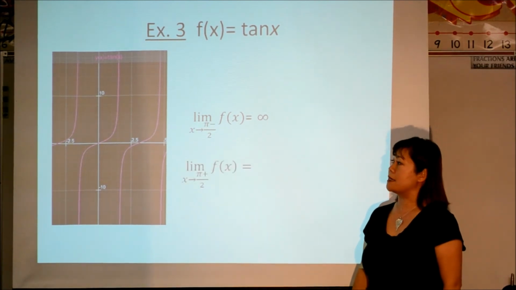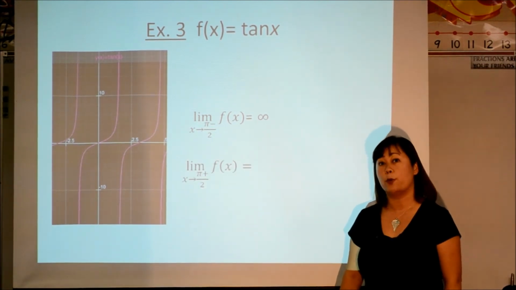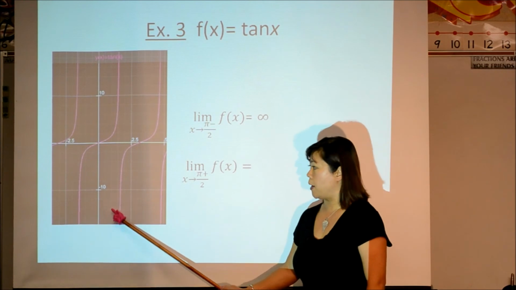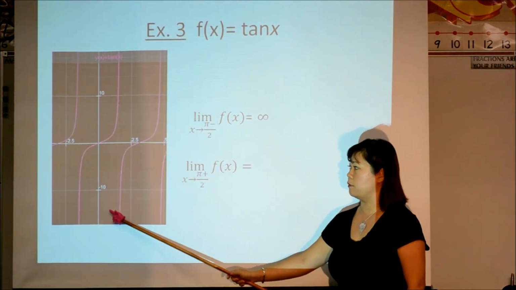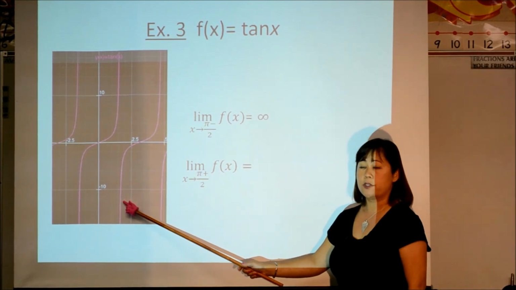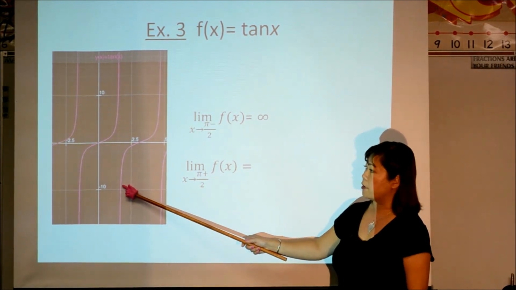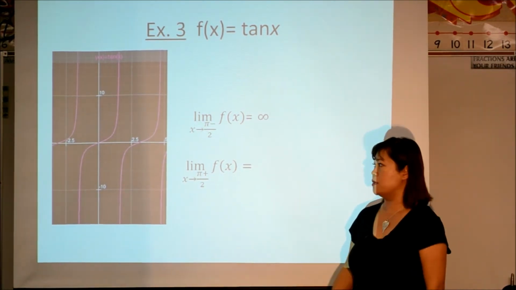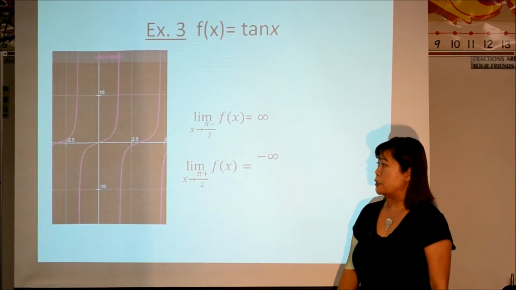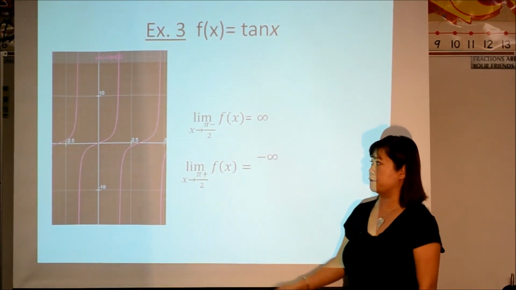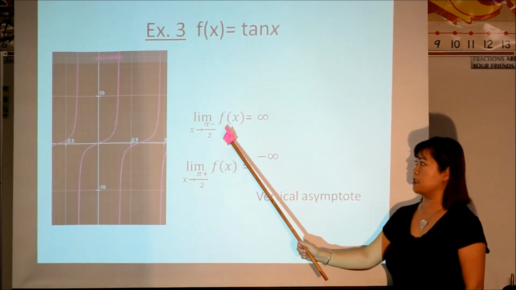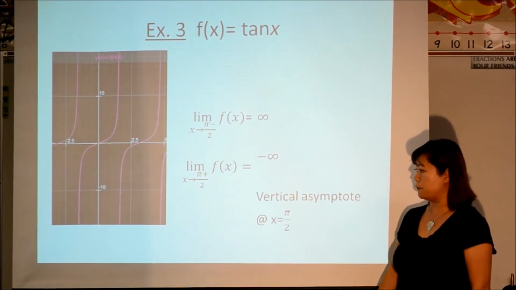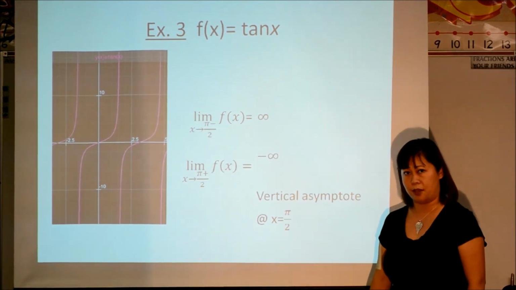Okay? The limit as x approaches pi over 2 from the right-hand side. So again, that pi over 2 is in this direction right here. The right-hand side of that would have to be referring to this graph right here. So the right-hand side of that, the y number is going to shoot all the way down to negative infinity. So what we have in this case is different. We're going to have a vertical asymptote, and because we're looking at the left-hand side and the right-hand side of pi over 2, that's going to be a vertical asymptote.